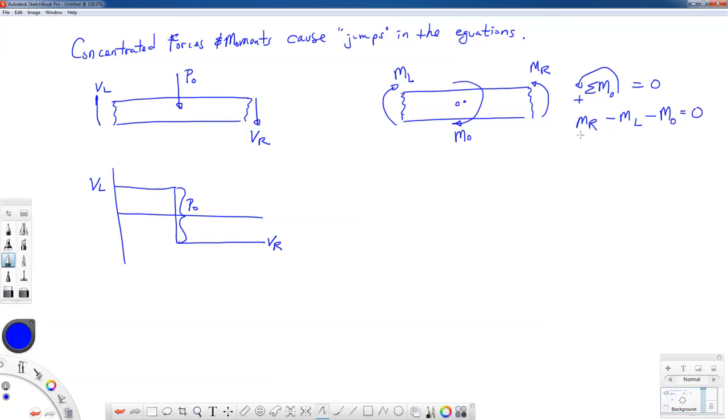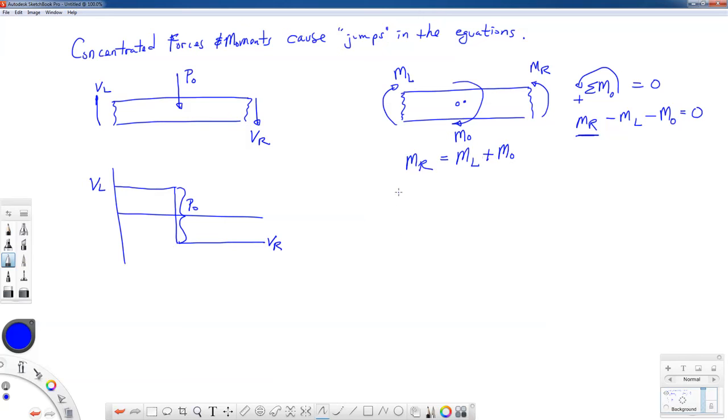All right, now I'm going to solve for the moment on the right-hand side. The moment on the right-hand side is going to be equal to taking these two terms over to the other side of the equal sign: the moment on the left plus the applied moment.